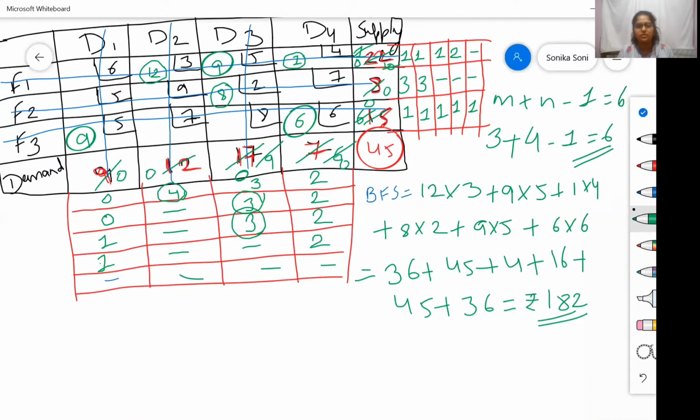But the last method, Vogel's approximation method, gives the lowest total transportation cost. That we will learn, how we get the lowest, in the next question, where we will do the three methods with the same problem: NWCM, LCM, and Vogel's approximation VAM method.